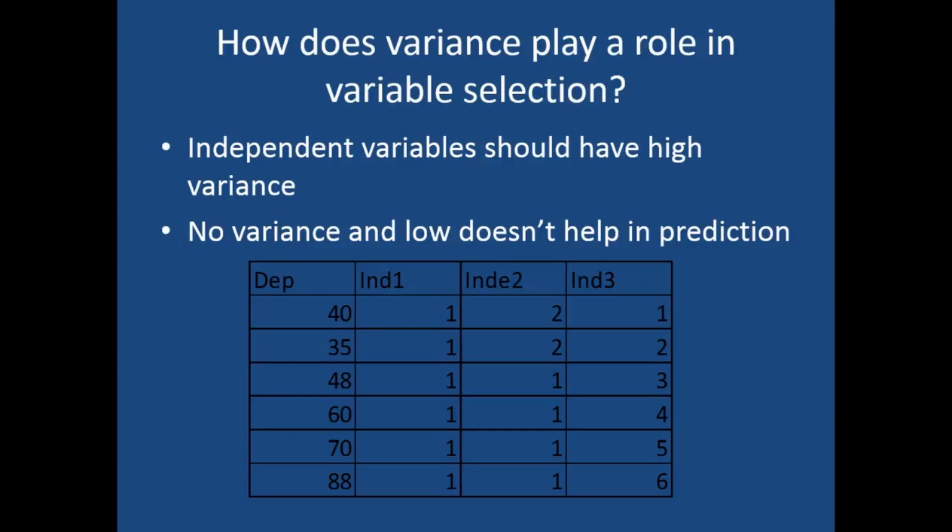So we can see some sort of a pattern. Independent variable 3 is the best of these three independent variables to predict the variation in the dependent variable. So you can drop independent variables 1 and 2 from this analysis and only go with independent variable 3.